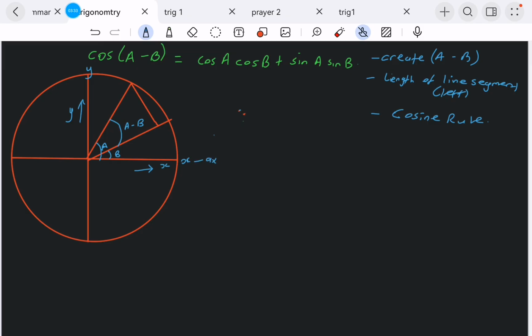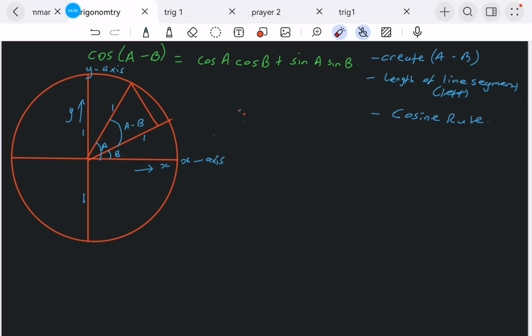And you want to know why? It's simple, because this is the x-axis, and this is the y-axis. And of course, this distance is the radius, which is the same as this, which is the same as this, okay? And so we shall just name it 1 unit. This is 1 unit, this is also 1 unit.